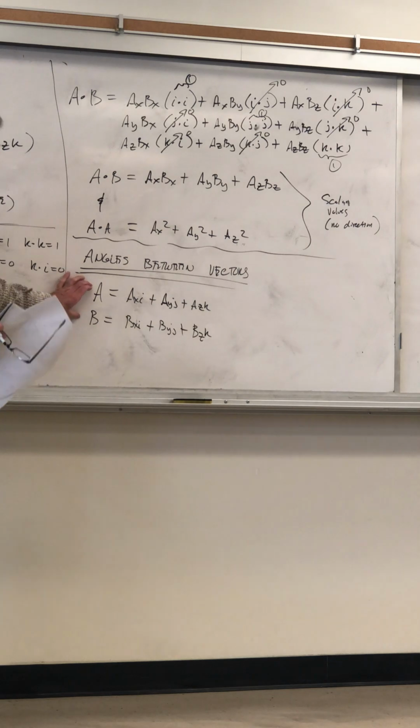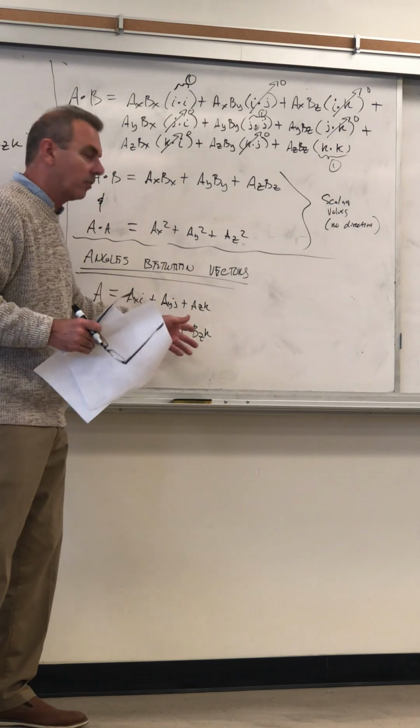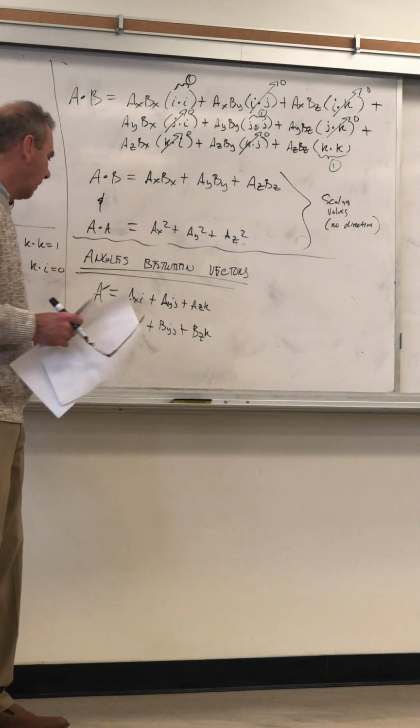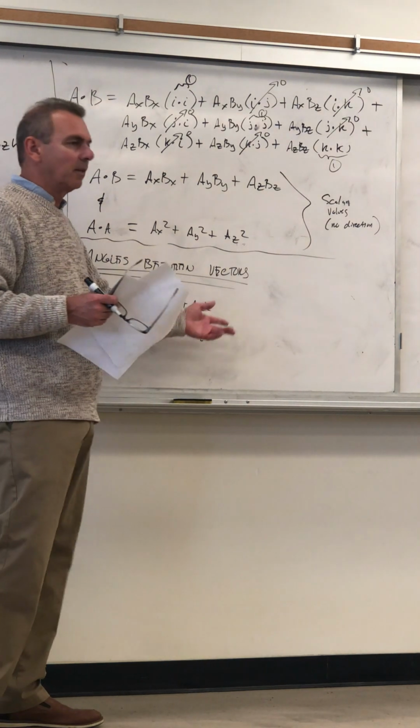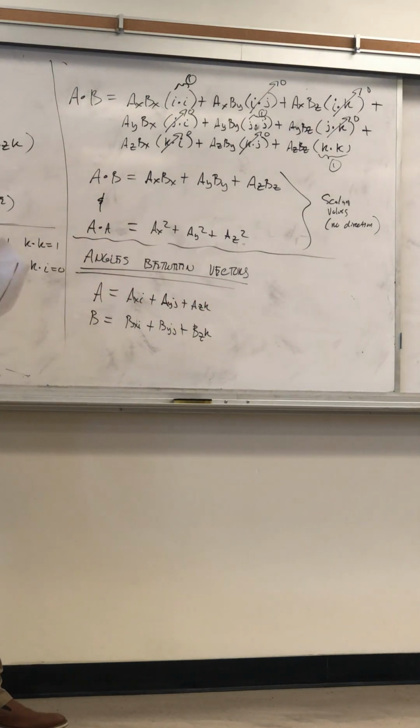What makes these two things vectors are the I, J, and K vectors. Without that, they wouldn't be vectors. And then AX, AY, AZ, as well as BX, BY, BZ, those are scalars on those little vectors.